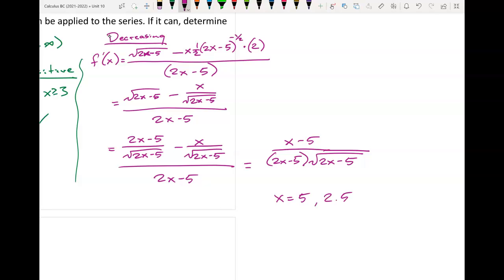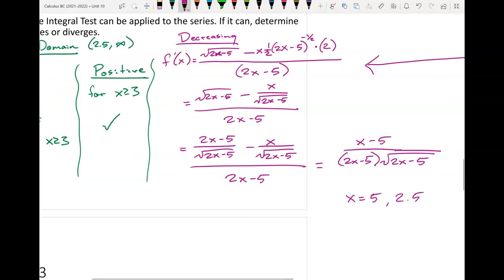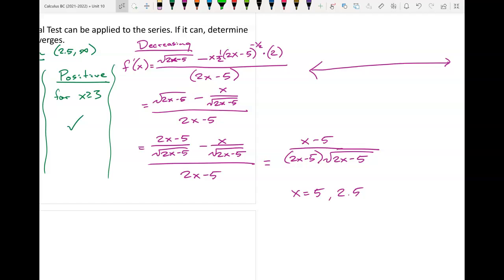We also can't plug in 0 because of the square root; it's not in the domain. So let's look at those intervals. We are really concerning ourselves again with x greater than or equal to 3, but let's look at this. We have 2.5 and then 5, so we have these two intervals here. What's a good value to plug in here?